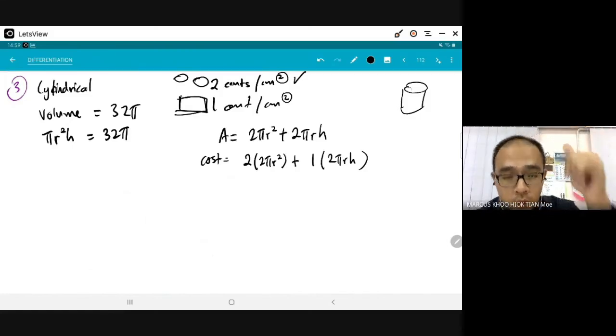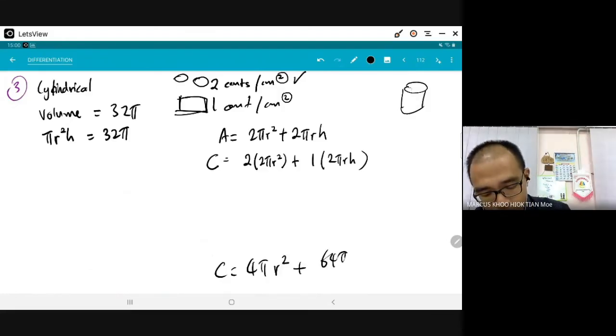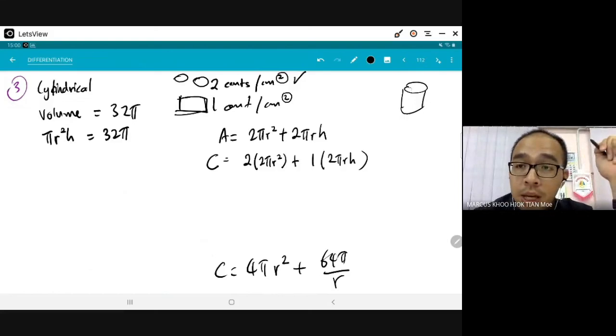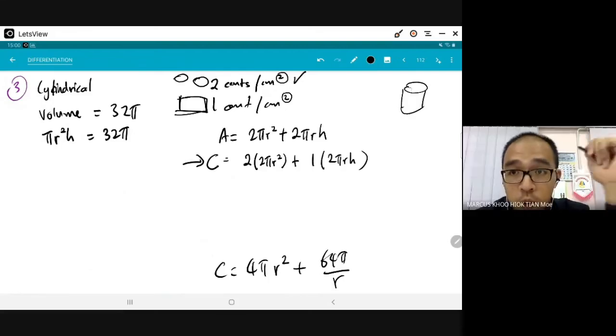Okay, so let me call the cost, kita panggil the cost as huruf C. Tapi kamu mau buktikan C equals to 4 pi r squared plus 64 pi over r. Okay, apakah huruf yang perlu dihilangkan in this equation? H. How do I make the H disappear?